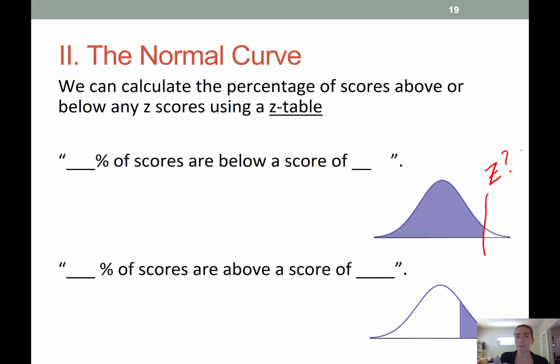If you look up that z-score in a z-table, it will tell you exactly how many scores are lower than that z-score. Or in this case, I might want to know how many scores fall above this particular z-score. And a z-table will tell me that information. And remember, that's only possible because we've converted our scores into z-scores, which fall along a perfect standard normal distribution, which we know how to work with.